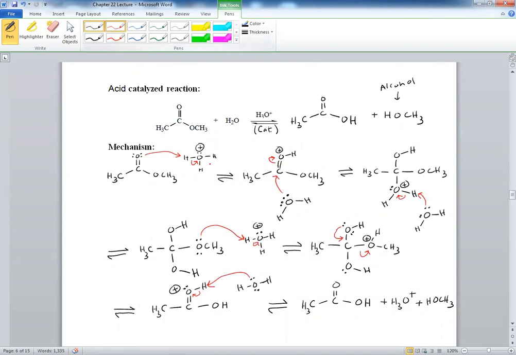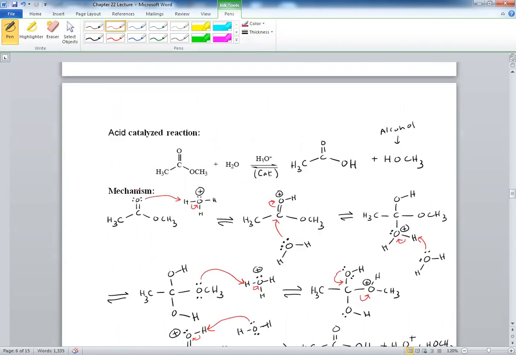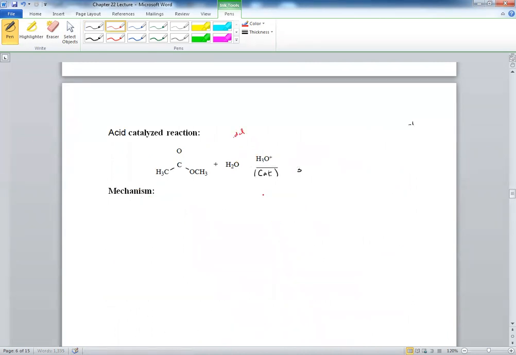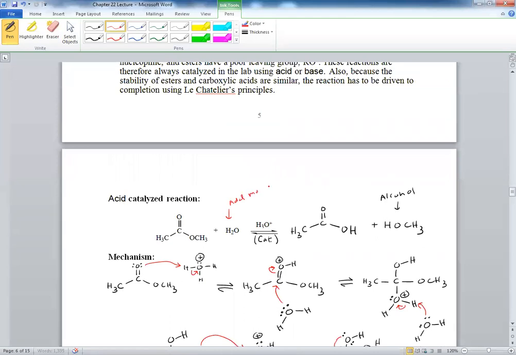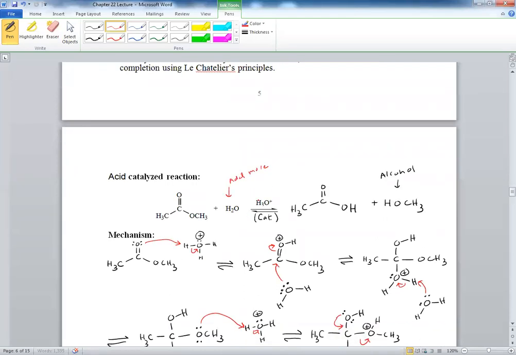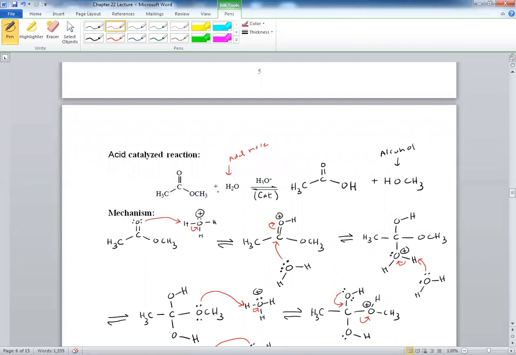Le Chatelier's principle, if you recall from Gen Chem 2, says that if you want to drive the equilibrium in a specific direction, you have to do one of the following things, or you can do multiple things. If you would like to drive the reaction forward toward the carboxylic acid, you have to add more water. The more water you add, the equilibrium is going to shift that way to counter that action.